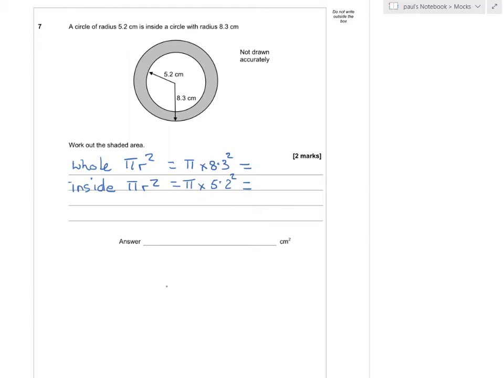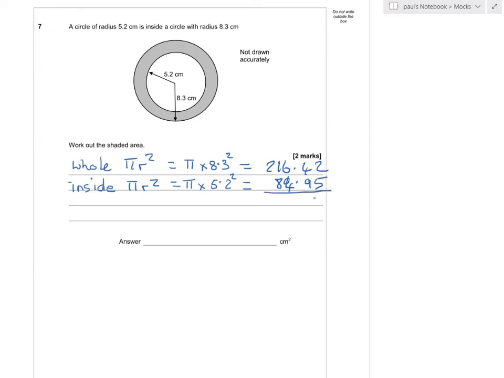So pi times 8.3 squared is 216.42. I'll just do it to 2 decimal places. And pi times 5.2 squared. Let the calculator do the hard work, and I got 84.95.